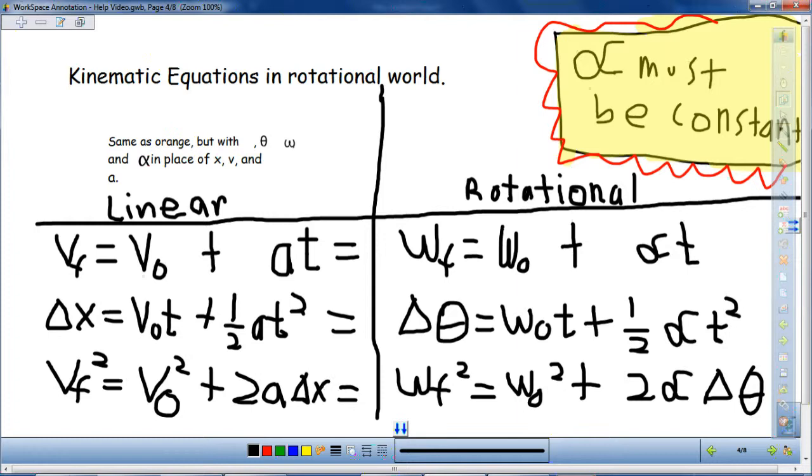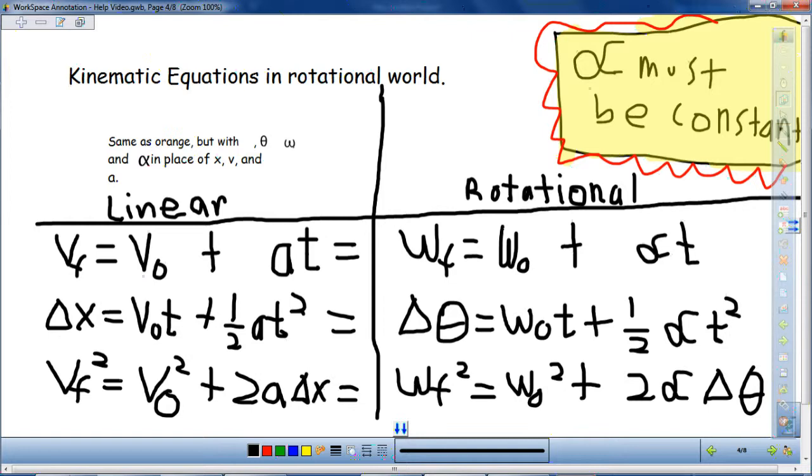So the first black equation is omega final equals omega naught plus alpha times time. The second black is delta theta equals omega naught times time plus 1/2 alpha times time squared.